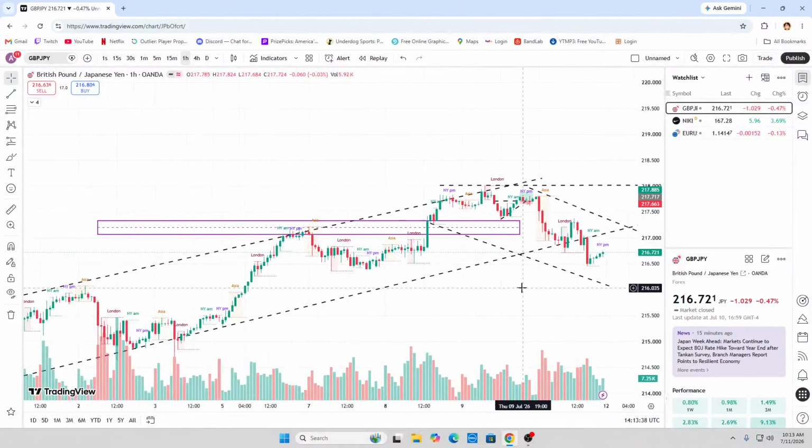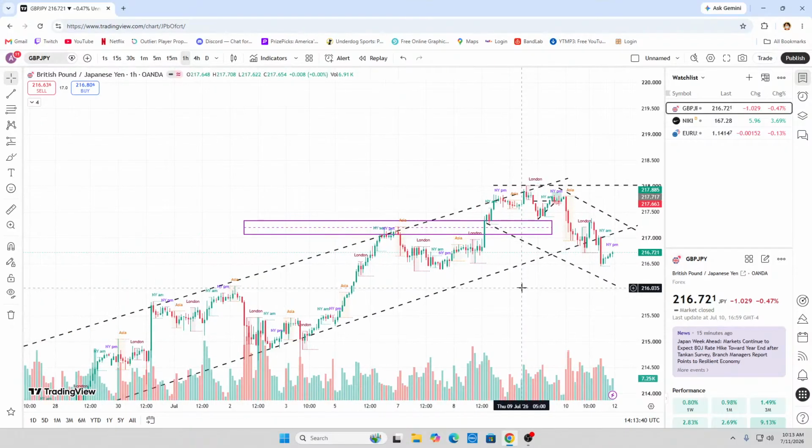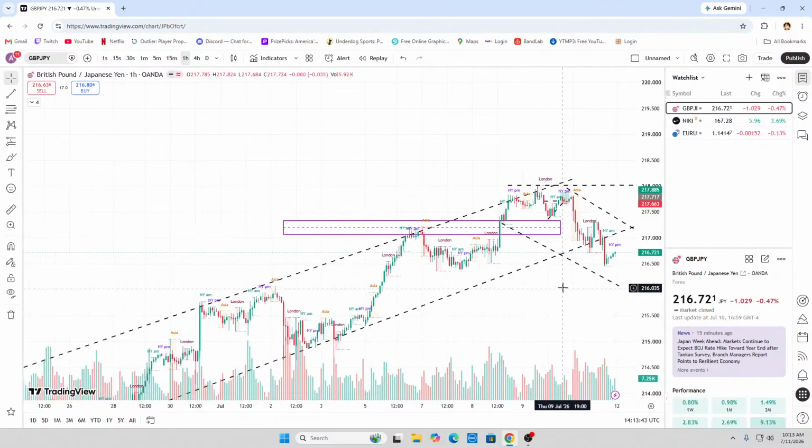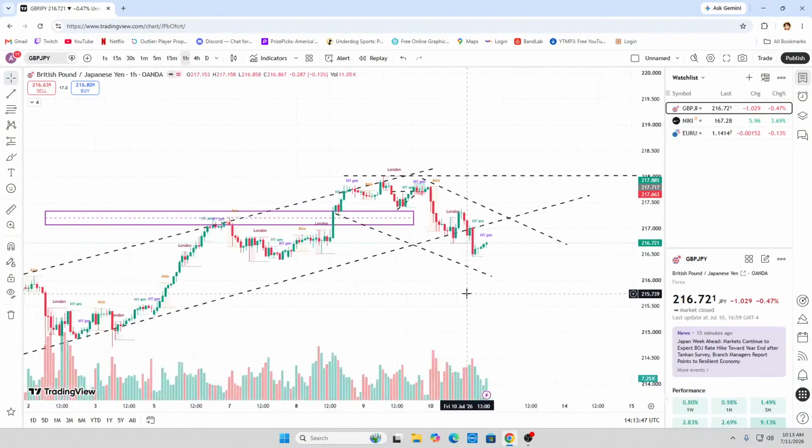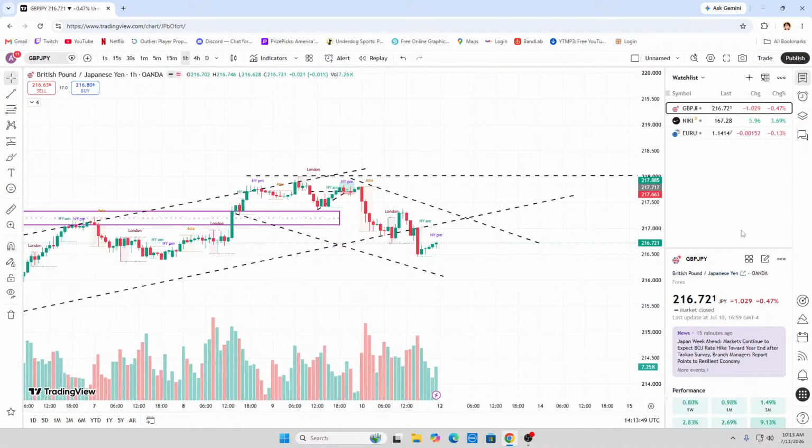Alright, so on July 9th, on Thursday, I thought the chart was gonna go up. I thought the chart was gonna go bullish, but it didn't.